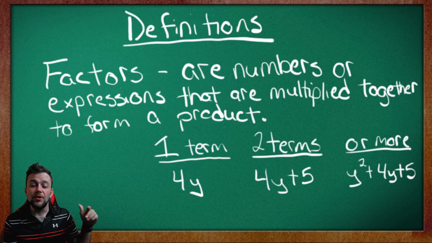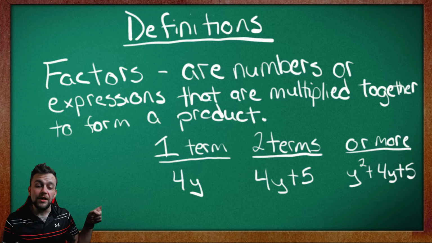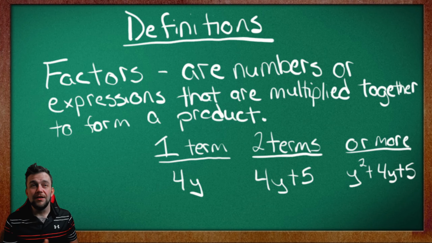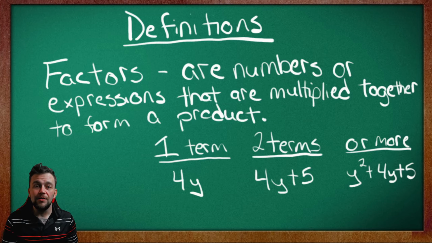And you'll see a good example of what a binomial looks like right next to that second term. Or more terms. So y squared plus 4y plus 5, it's not the most simplified factor, but it's in the process of factoring. We could probably actually factor certain things out of that. But let's move on to our next definition.